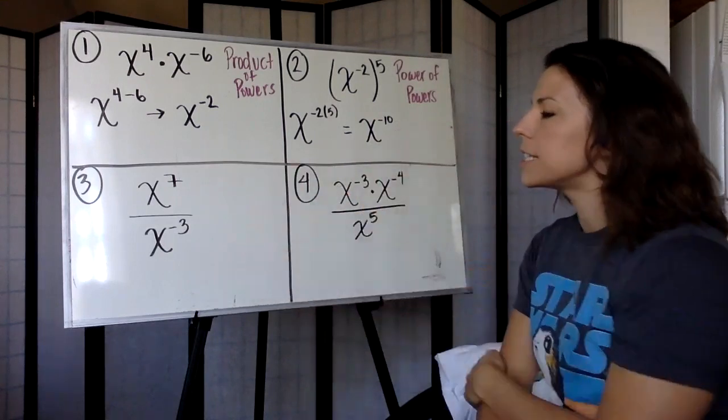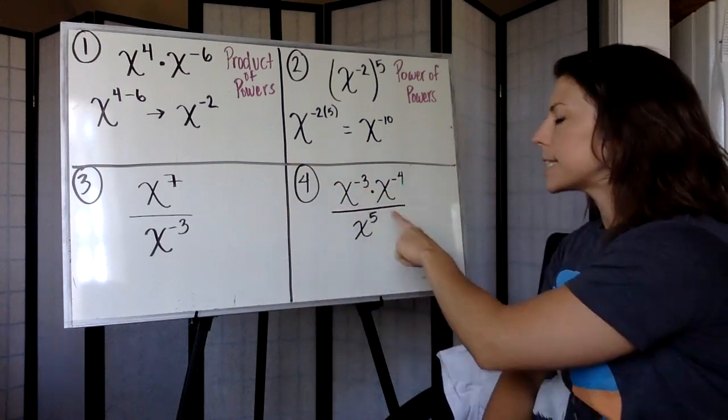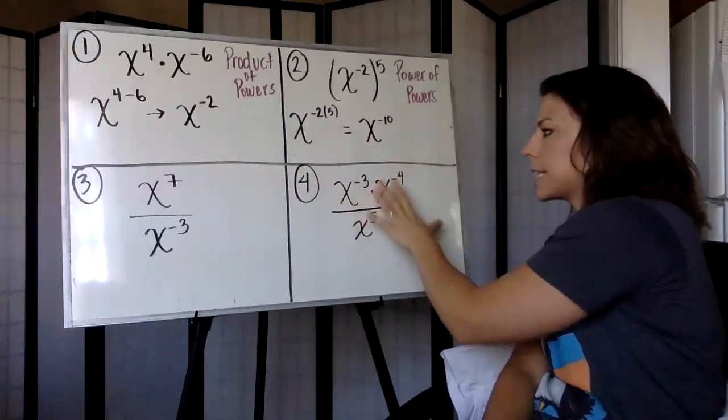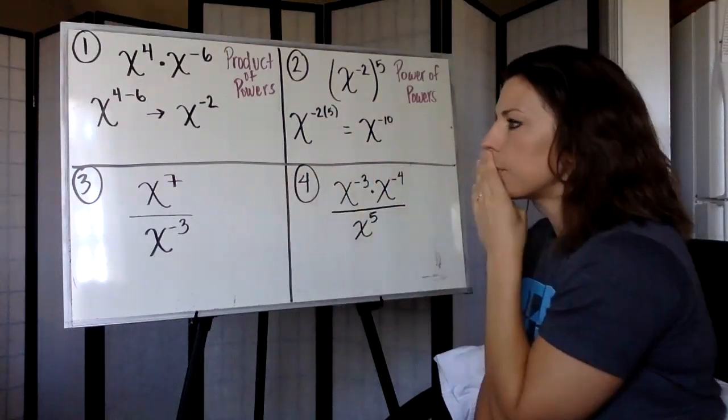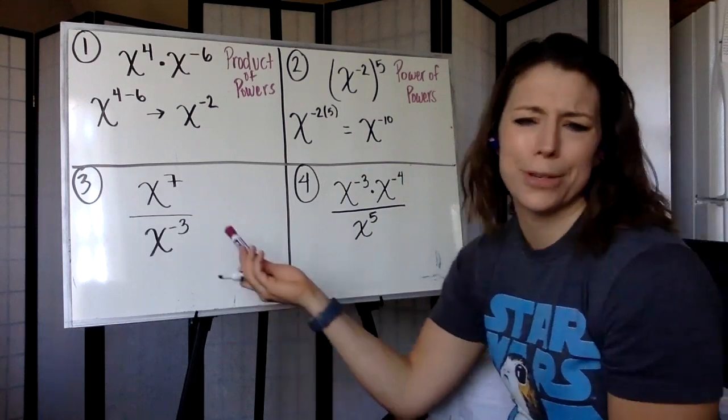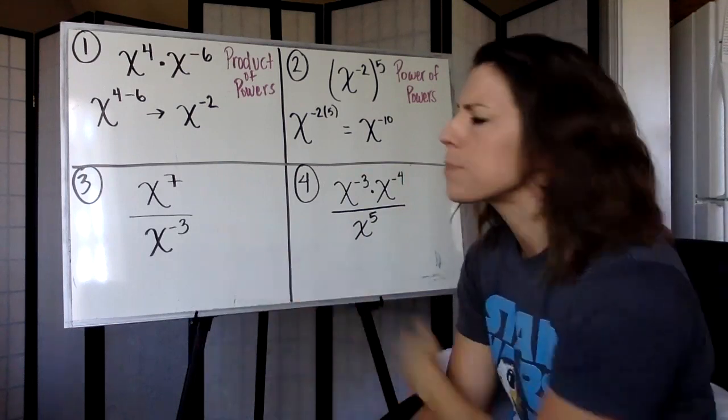All right, moving on to number 3. Now, I purposely put in 2 kind of different looking quotients. This one's obviously got a lot going on, but I started with this one. So I just gave it to you. It's a quotient of powers. I hope you understood that. Look, it's a quotient, it has a fraction bar.